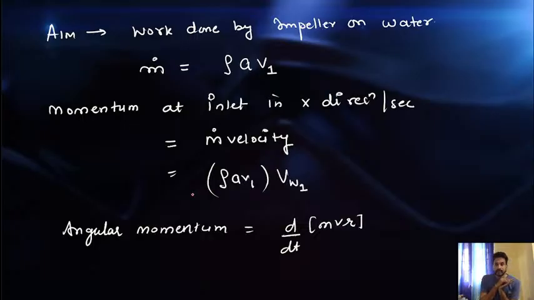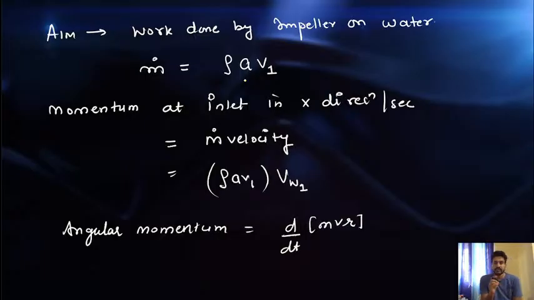Just understand it, right? The impeller adds some energy to the water so that the water is delivered up to a certain height. Okay, so first of all we write the mass flow rate which is coming into the impeller. Mass flow rate is simply rho A V, where A is the area of the impeller and rho is the density of the water.